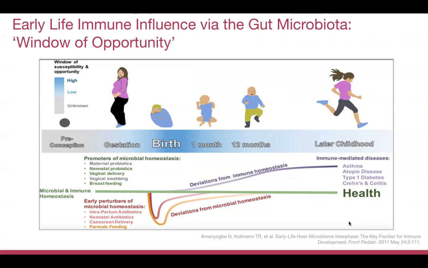Now, many of you are going to be familiar with these disruptive factors, and they include things like intrapartum antibiotics, neonatal antibiotics, C-section delivery, and formula feeding. On the other hand, neonatal probiotics, vaginal delivery, breastfeeding have all strong associations with healthy colonization and a decreased risk for immune-mediated disease development. There are other therapeutic interventions such as maternal probiotics and vaginal swabbing with probiotics, which appear to have promise as future standard of care agents.